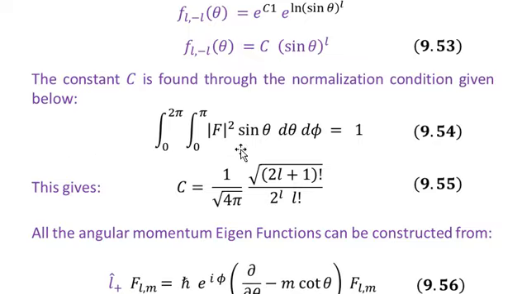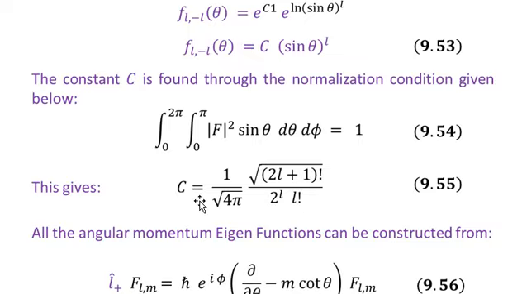That is, you can apply this condition for the normalization, and you can obtain the value of C, which gives you capital C is equal to 1 over 4 pi, square root of 4 pi times square root of the factorial of 2L plus 1, divided by 2 raised to power L and the factorial of L.